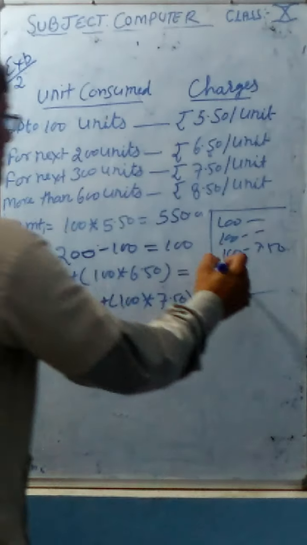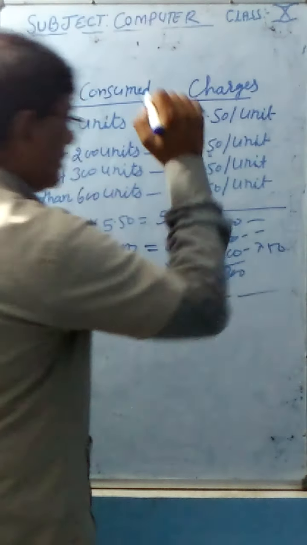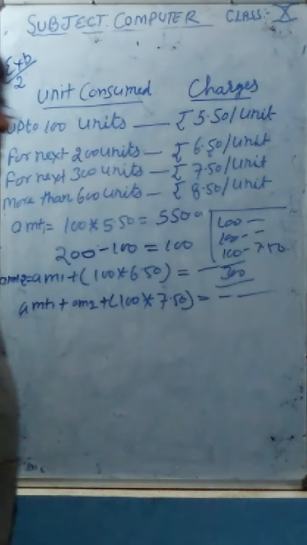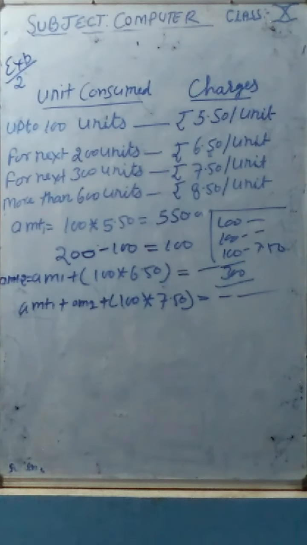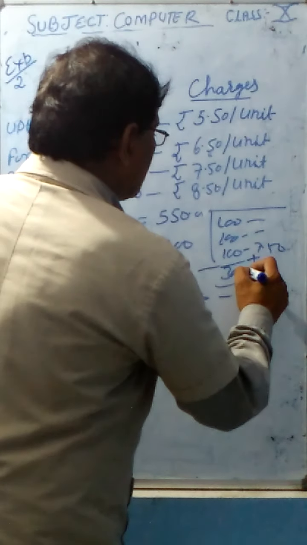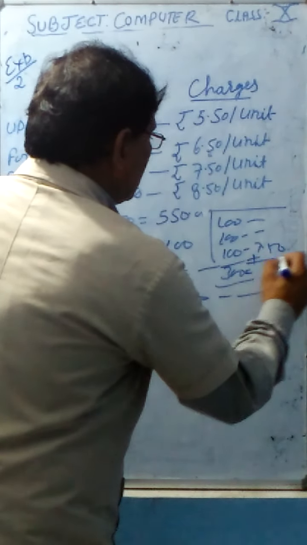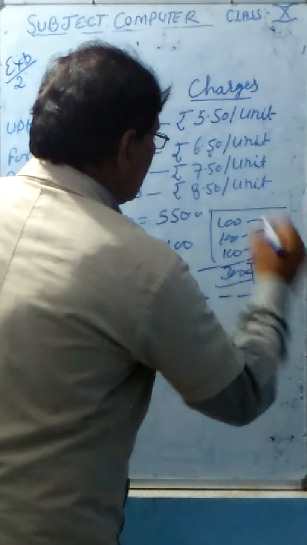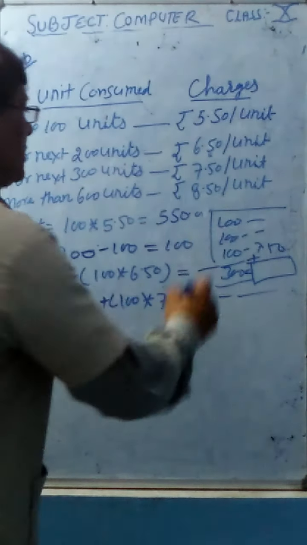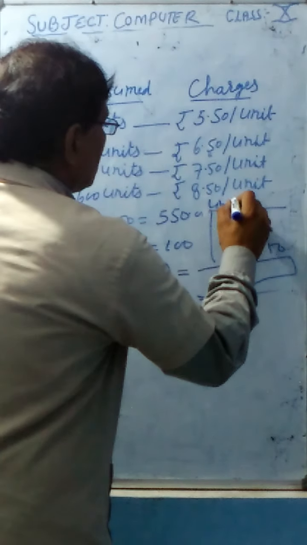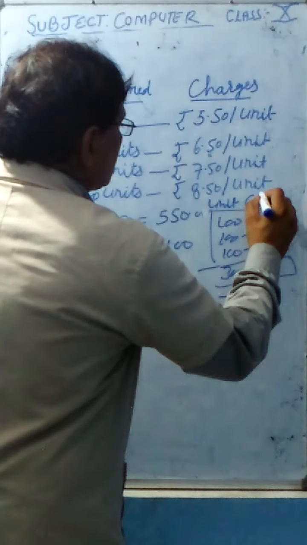Now it is the 300, and you will add this one. These are the units and these are the charges.